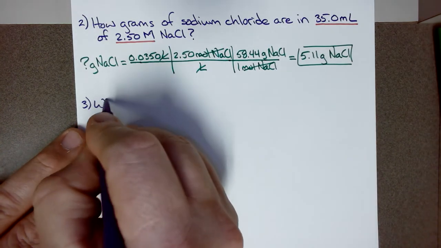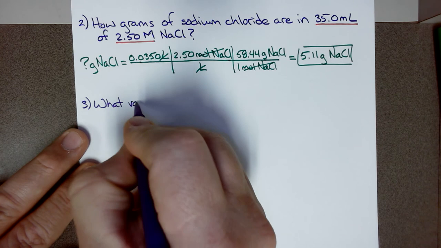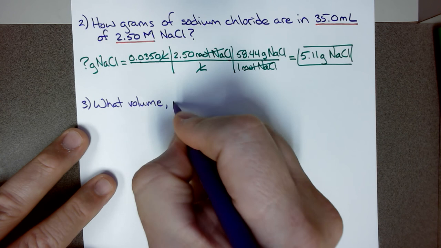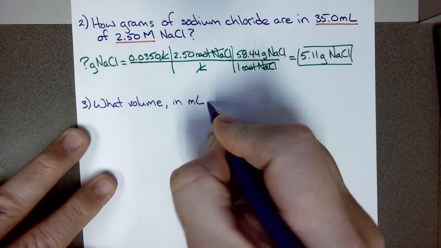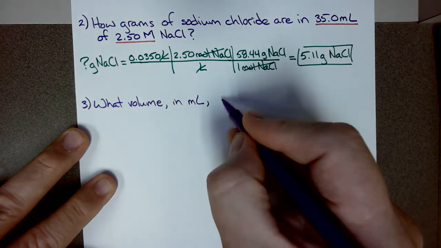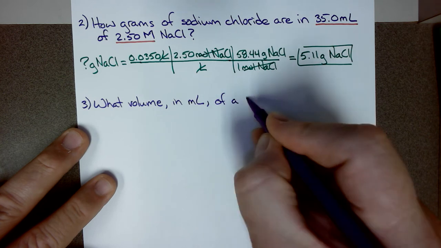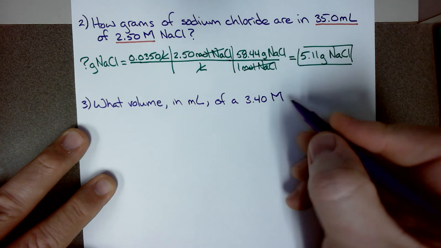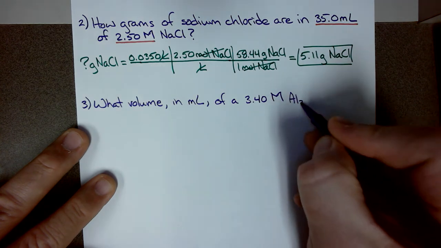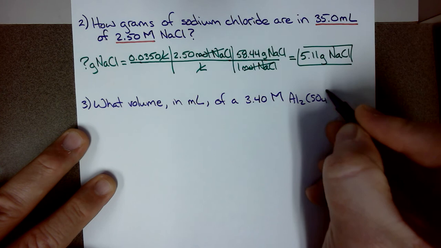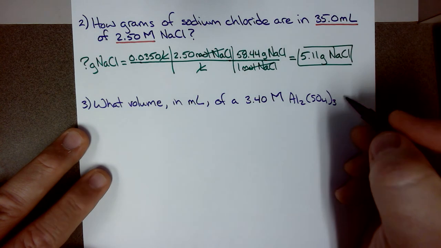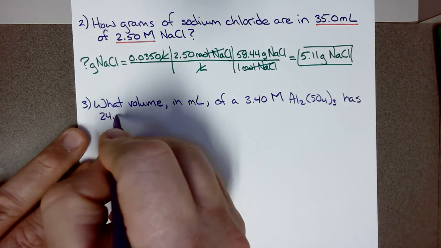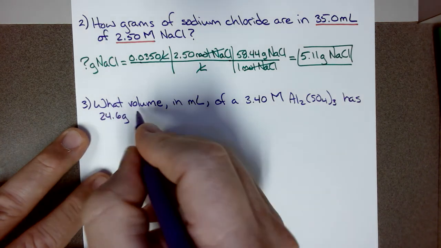So what volume in milliliters of a 3.40 molar concentration of aluminum sulfate has 24.6 grams dissolved in it.